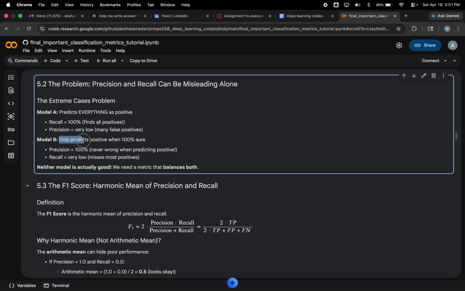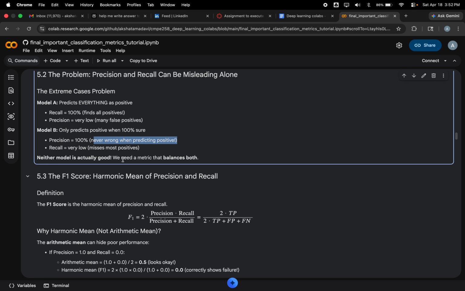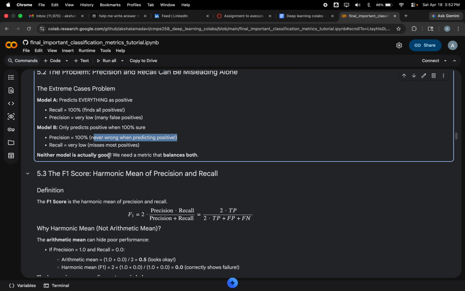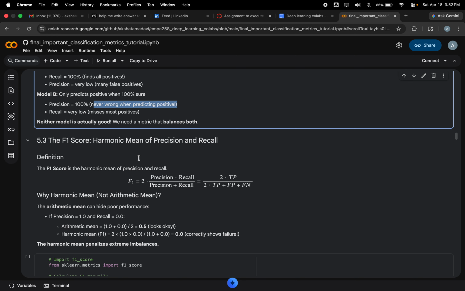And there we have model B, which predicts positive only when 100% sure, which means the precision is 100%, so never wrong when predicting positive, but recall is very low because it misses most positives. So neither model is actually good. We need a metric that balances both.